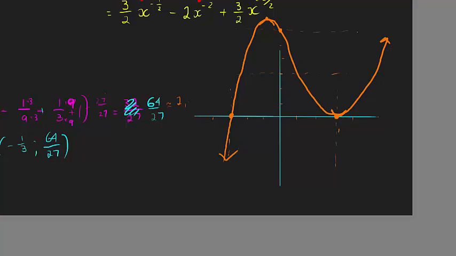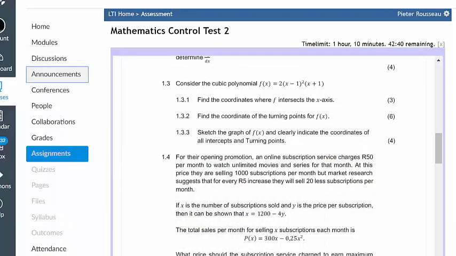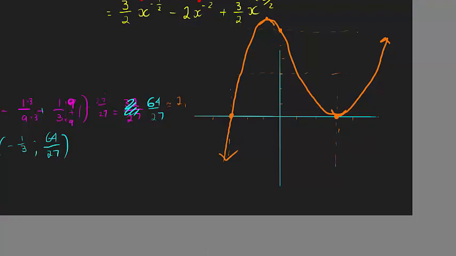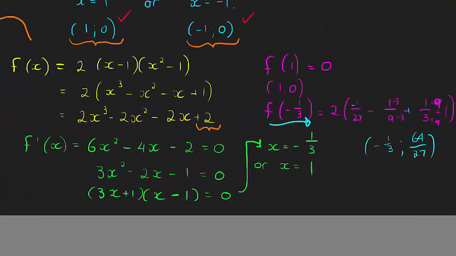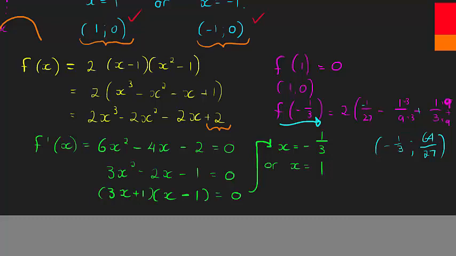Okay, and let's see how many marks that was, awarding 4 marks. This previous one was 6 marks, so let me show you how those 6 marks were awarded for finding the turning point. First of all, you got a mark for simplifying it into the simplified form.